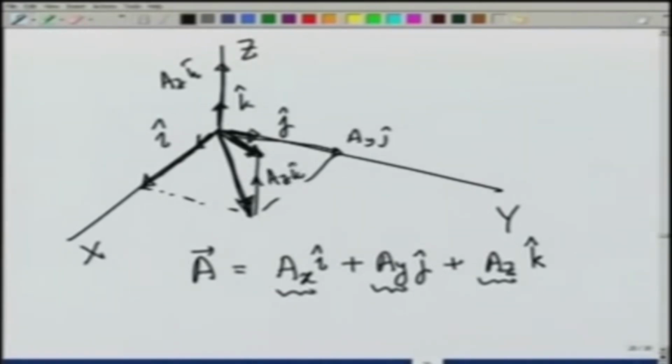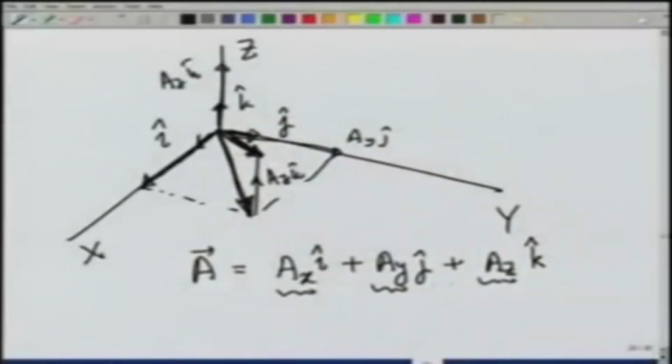Although in this case I added a x and a y first and then a z, it does not matter in which order you add these vectors, because we have already proved that addition of vectors is commutative. I could have added a y and a z first and then a x, and I will still end up with the same vector A.